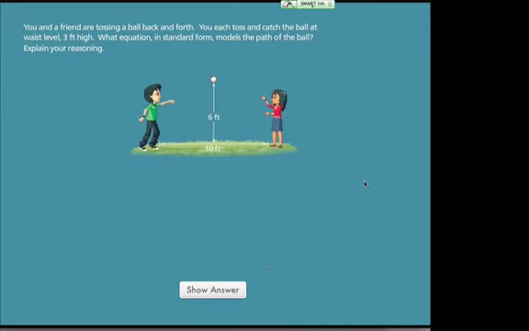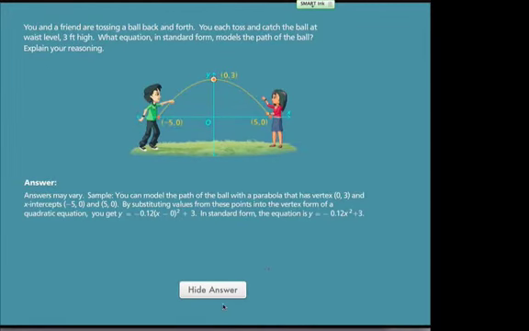So let's say that you and a friend are tossing a ball back and forth, and you each toss and catch the ball at waist level, which is about 3 feet high. What equation in standard form models the path of the ball? Well, we know that there's different models for something like this, but you can model the path of that ball with a parabola, and its vertex is going to be at (0, 3), and maybe it has x-intercepts at (-5, 0) and (5, 0), depending on how far apart you are and how high you're throwing the ball.